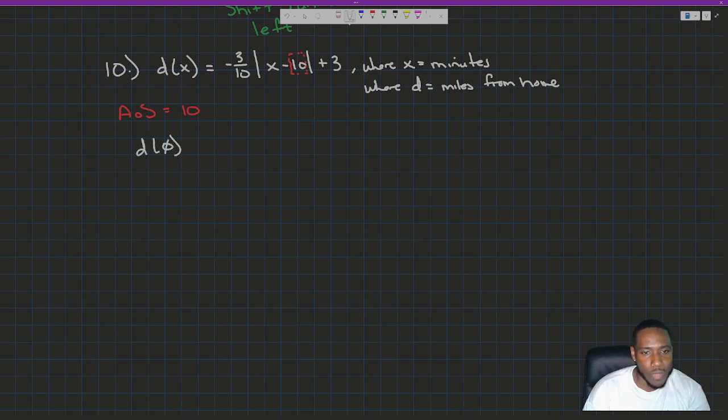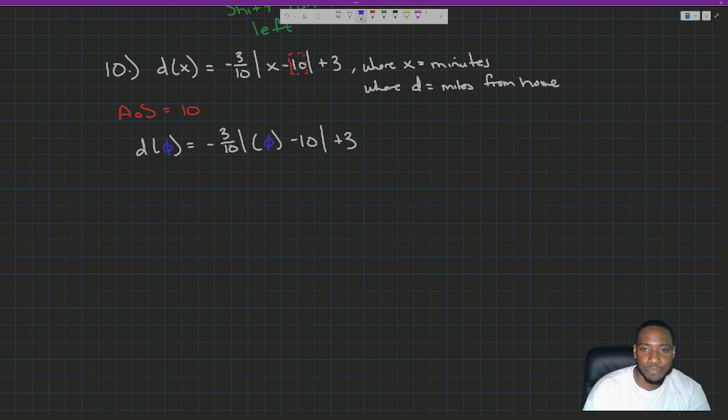So d of 0 is equal to negative 3 over 10 times the absolute value of 0 minus 10 plus 3. And let me go ahead and make 0 a distinct color here so we can see more clearly that that's where we're plugging in.